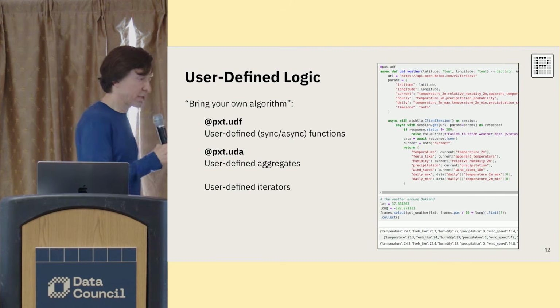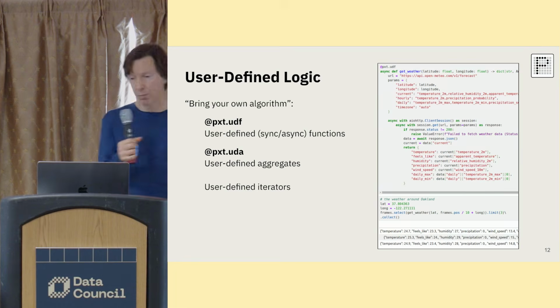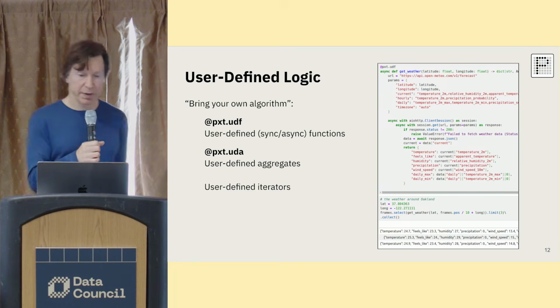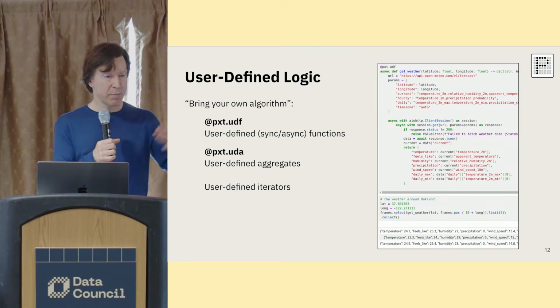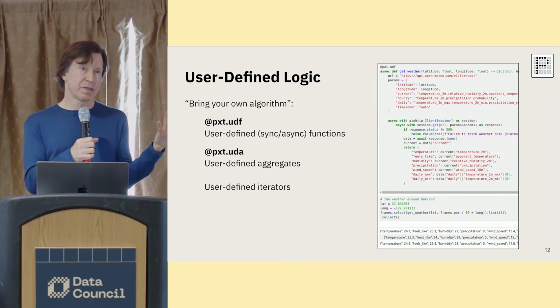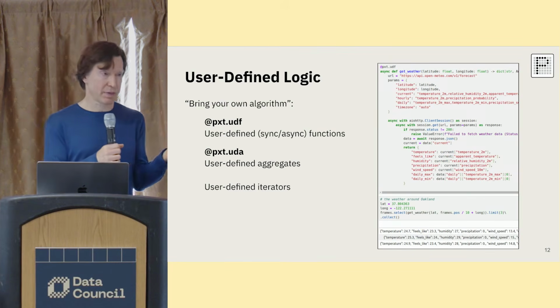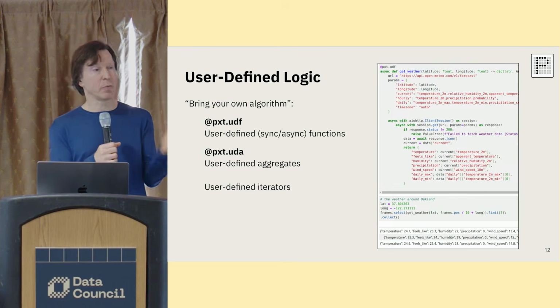There's another interesting one, which is using analytic window functions. Basically a pattern where your UDA sees a stream of inputs and then computes one value per input. So for instance, object detection, object tracking algorithms can be modeled as analytic window functions, right?